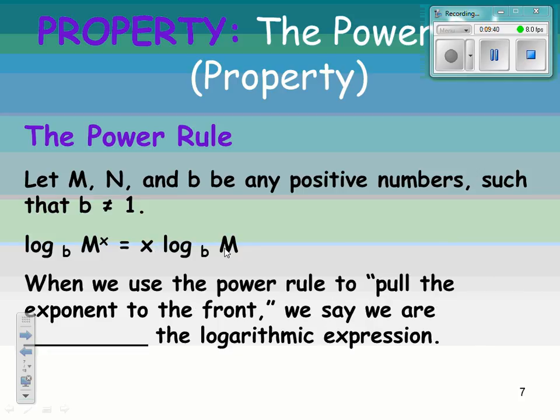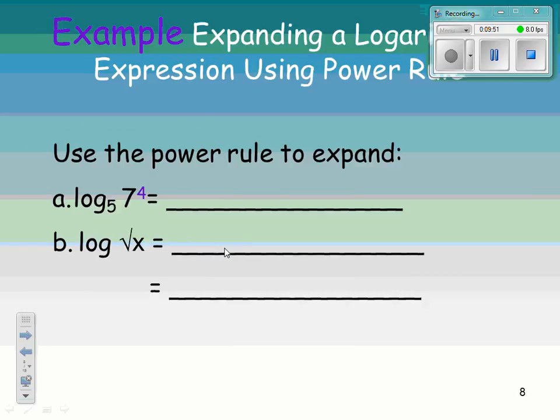When we use the power rule to pull the exponent to the front, we say that we are expanding the logarithmic expression. So here's what that looks like. If we're using the power rule to expand this, in letter A, I've got log base 5 of 7 to the 4th power.